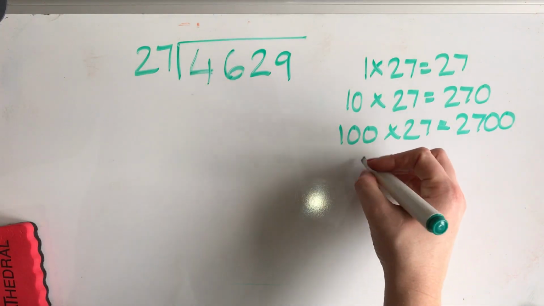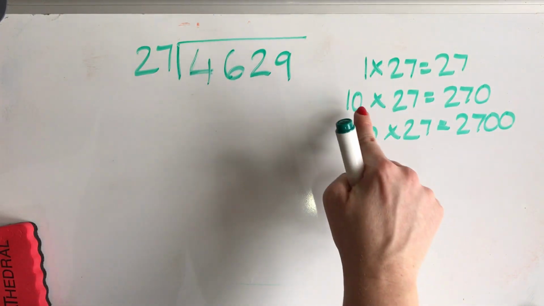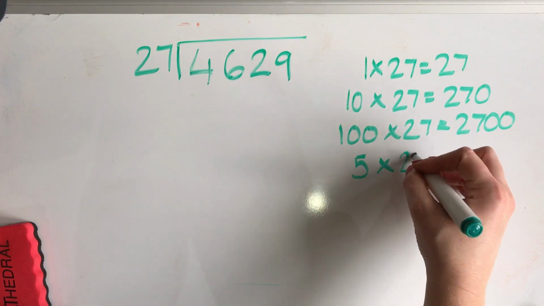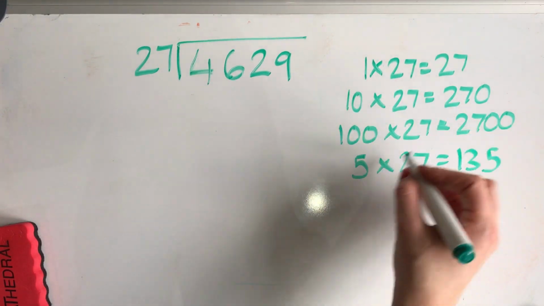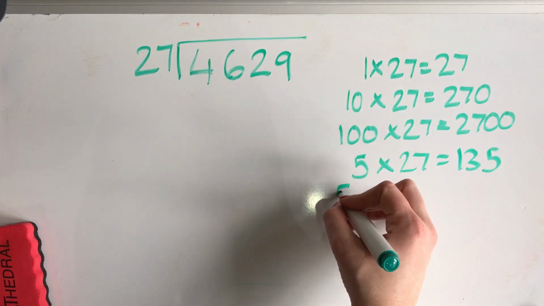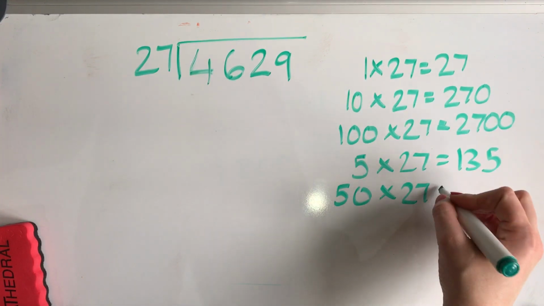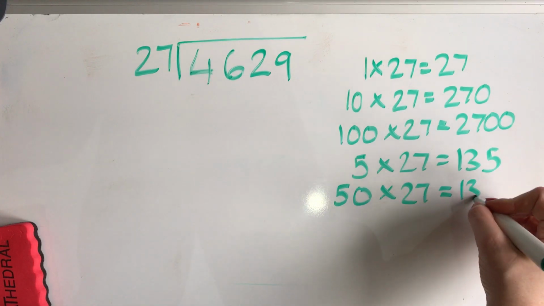And again I'm going to do my 5. So that's just going to be half of 270. And half of 2,700 will give me 50 groups.